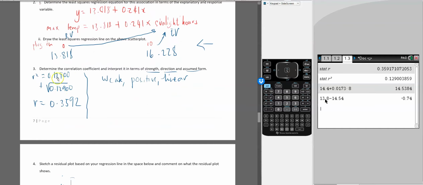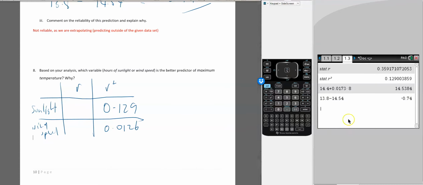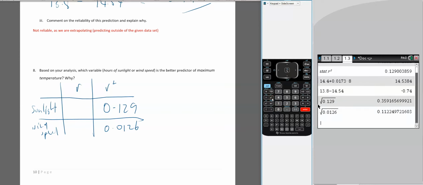Okay, because that's where we calculated that, this value here, the R squared value. So from here, we can actually calculate the R values. So we find the square root of 0.129, or we find the square root of 0.0126. And we calculate the correlation coefficient for this one is 0.35 or 0.36, and this one here is 0.11.